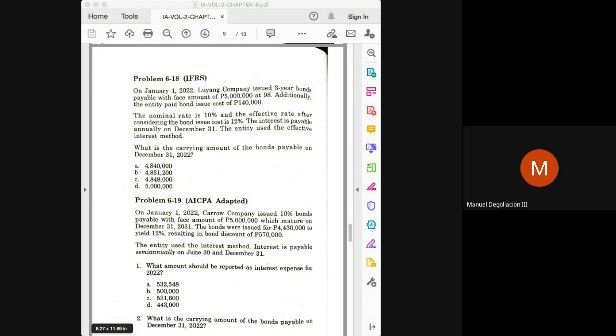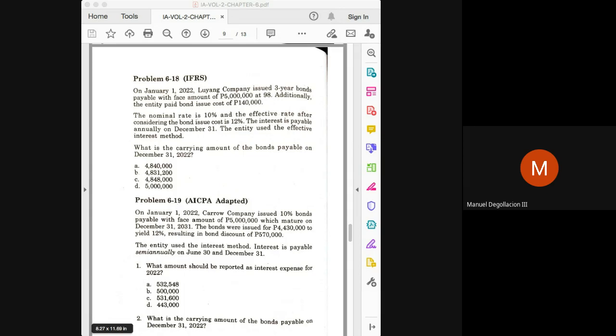Alternative solution, we begin with the previous carrying amount, in this case, the 4,760,000, and then you simply add the amortization of the discount for the current year, which was 71,200. You would still get 4,831,200. Okay.